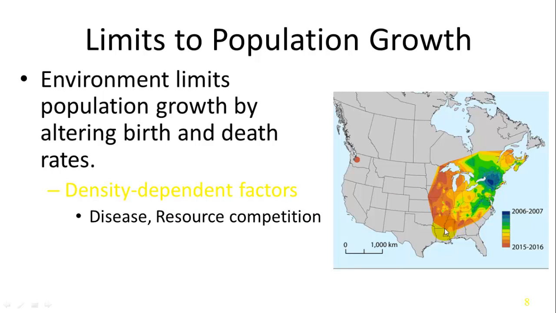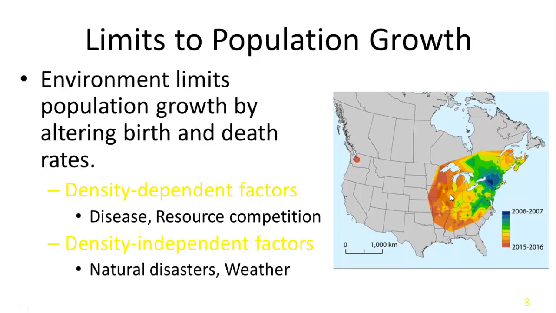Because these bats are clustered, they all get the disease, and then they can die. Then you have density-independent factors, where it doesn't matter how many are in an area, they can all get wiped out or increased.